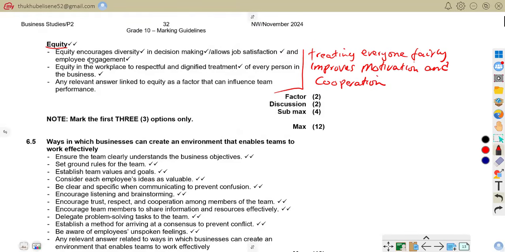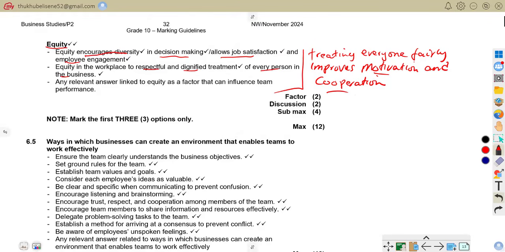So equity encourages diversity in decision making, allows job satisfaction and employee engagement. Equity is in place for respectful and dignified treatment of every person in the business. That is why we have said treating everyone fairly improves motivation as well as cooperation. That is in short what it means.